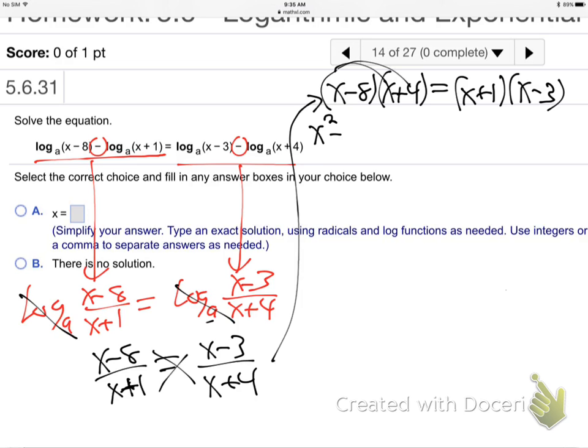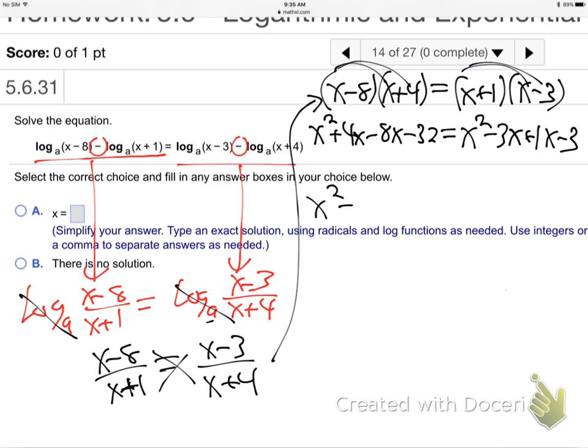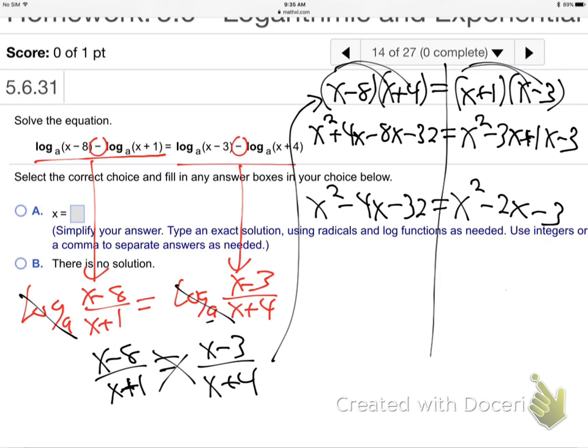What do we got here? x squared plus 4x minus 8x minus 32. Boom and a boom. x squared minus 3x plus 1x minus 3. We get to there. So that's x squared minus 4x minus 32. Other side, x squared minus 2x minus 3. What do you do when you have the same x squared on both sides?